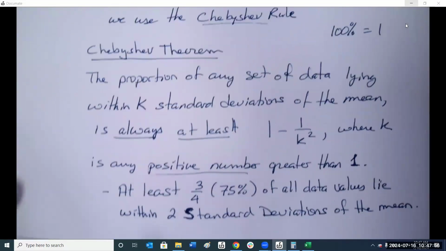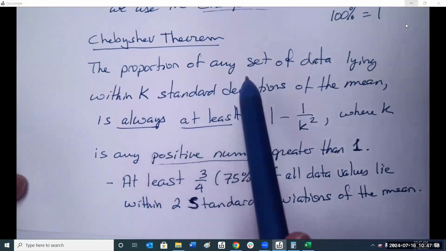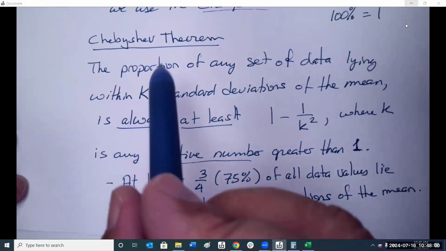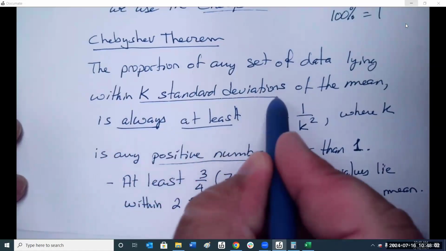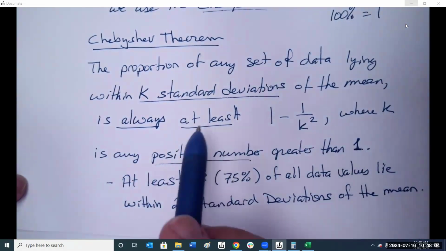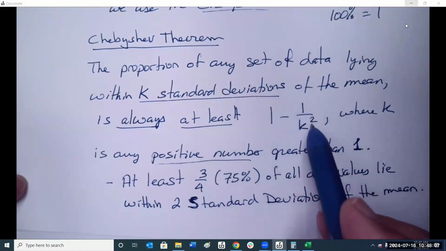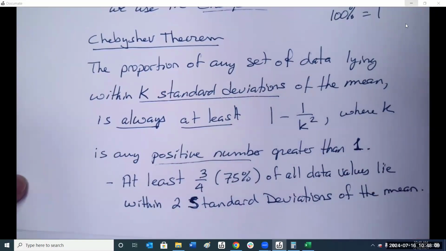Remember, Chebyshev's theorem says the proportion of any set of data lying within k standard deviations of the mean is always at least 1 minus 1 over k squared.